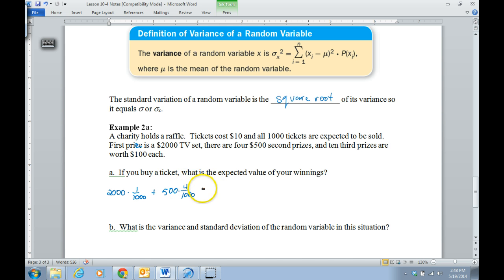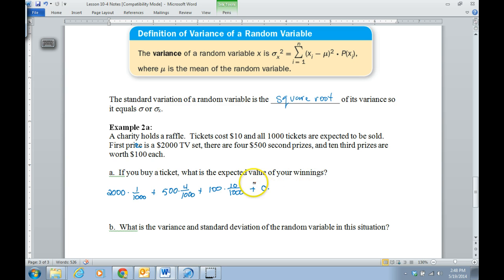And then the third prize was $100, right? So 100 times 10 over 1,000. 10 over 1,000, correct. Okay, and then what is the probability of getting no prize?